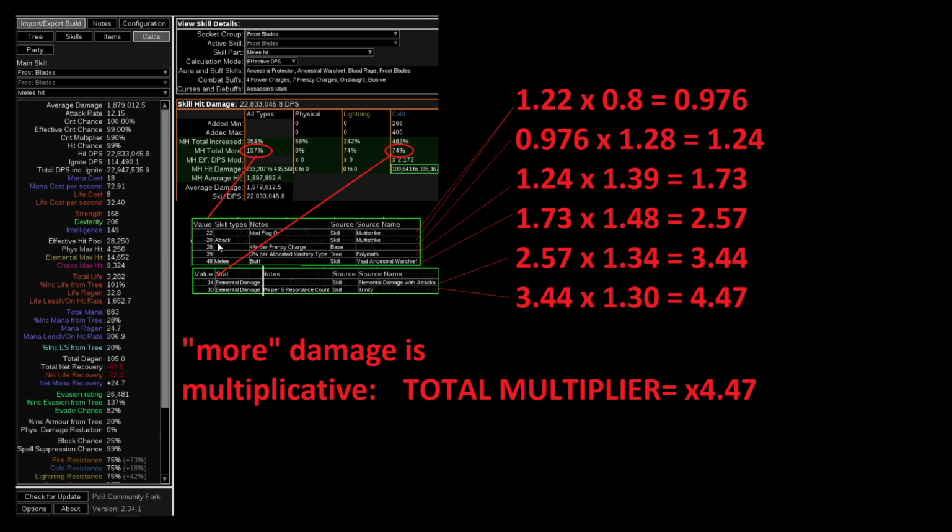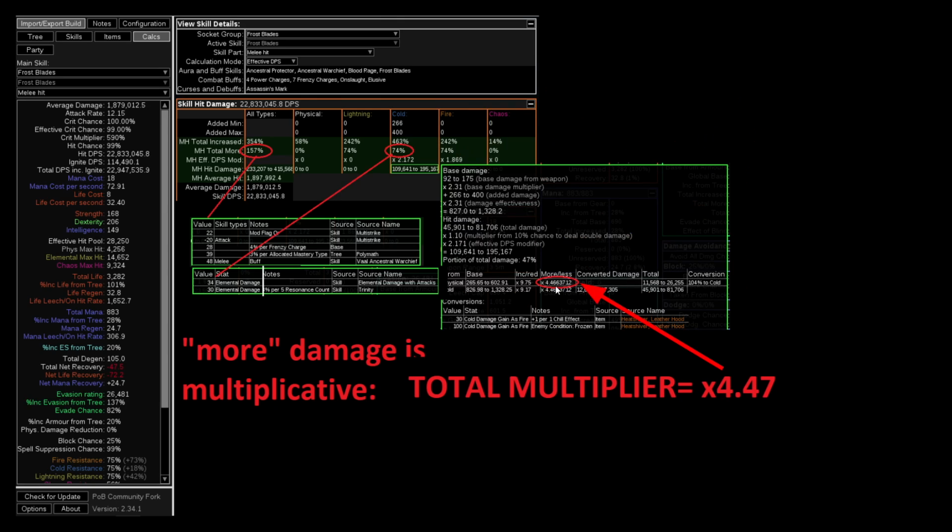And this is including the minus 20 multi-strike penalty here, which is the first times 0.08 here. That's why this number goes down at first. But then when you multiply in all these other multipliers, the number starts creeping up and up and up to 4.47 for more damage. And that's where this number comes from here, 4.46. Second number is a more multiplier.